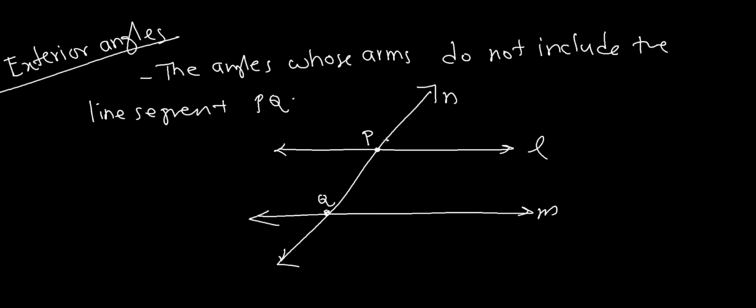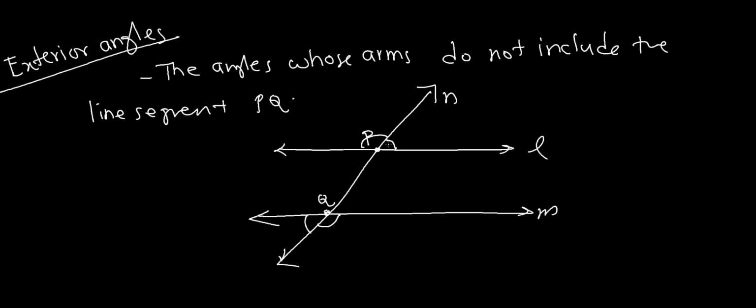So this angle, yes, this does not include line segment PQ. This also does not include it, and this angle also. If we consider this angle, it includes the line segment PQ as one of its arms, but these angles do not include it.